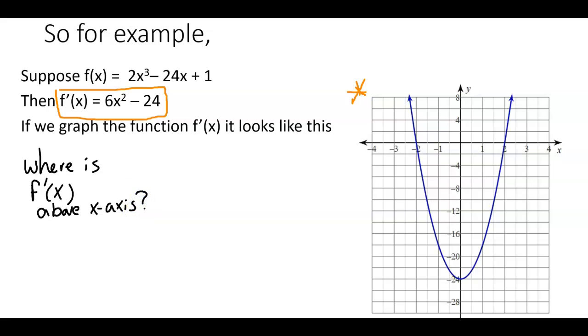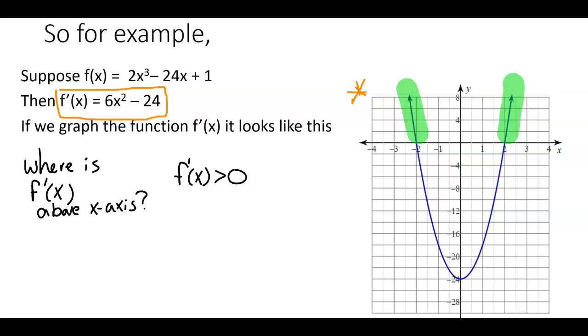Where is f prime above the x-axis? You guys can see that would be here, and it would be here, right? So it's above the x-axis when f prime is greater than 0. And that happens on the interval that I've highlighted in green there.